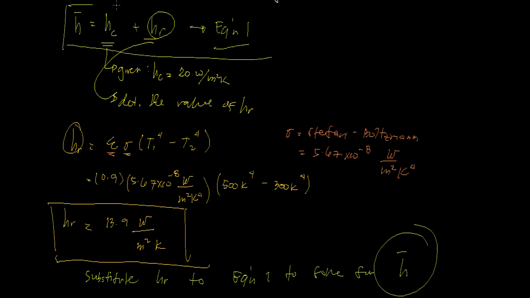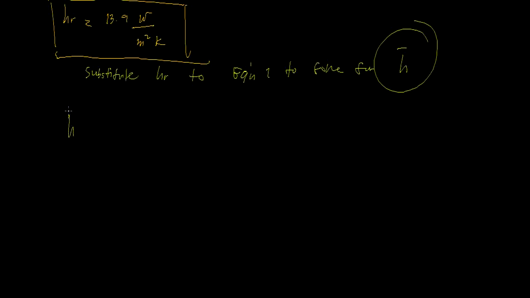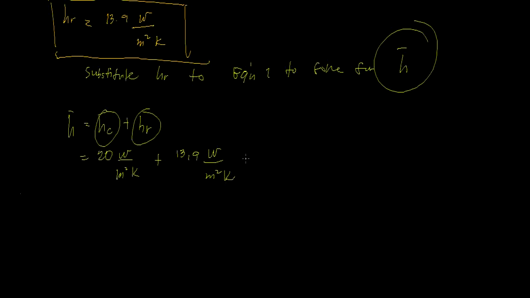So we have H is equal to HC plus HR, wherein our HC is given, which is equal to 20 watts per square meter K, and our computed HR is 13.9 watts per square meter K. So all in all, the combined heat transfer coefficient from convection and radiation is 20 plus 13.9.